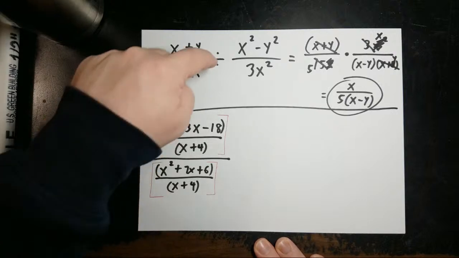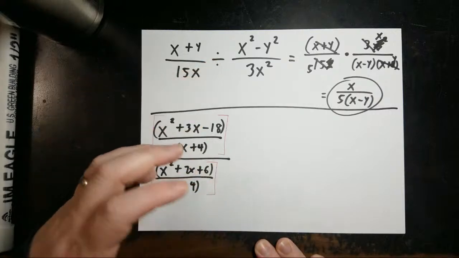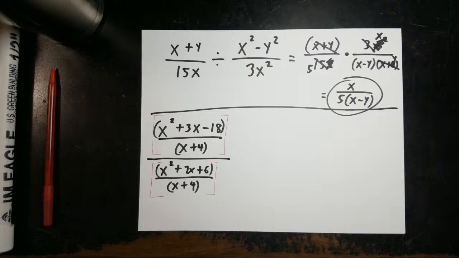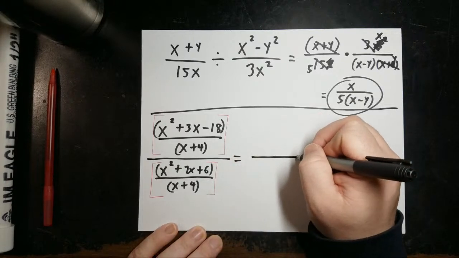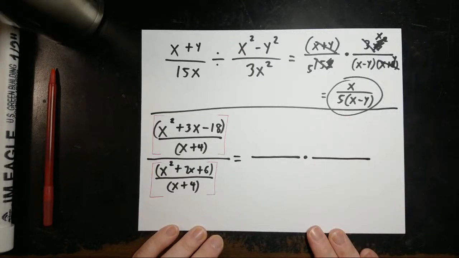This problem is the same as this problem with this large division symbol in the middle. And I'm going to do a little keep, change, flip action in order to save myself some space in a moment. It's going to be some kind of a fraction times some kind of a fraction, which I'll deal with. I'm going to do a lot of things all at once.